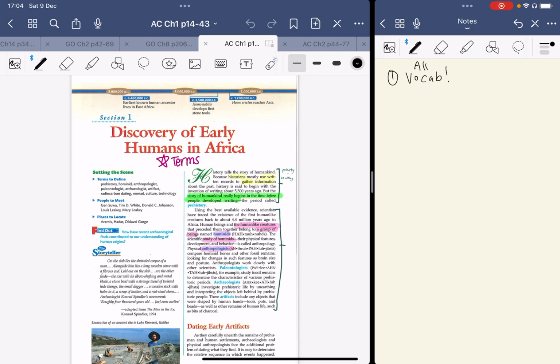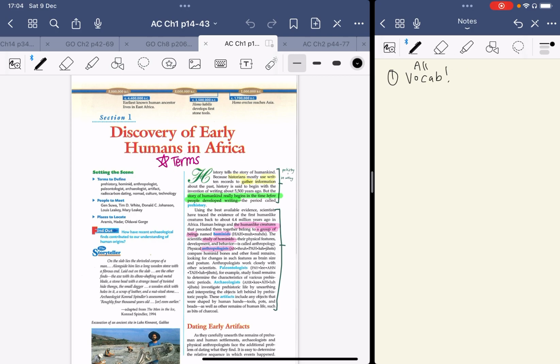Okay? As for the people and places, some of them will be mentioned in the matching part, which we will go through later on when I talk about the textbook on each page. So we can skip that part for now. But that's the first thing. You need to study all of the vocab.